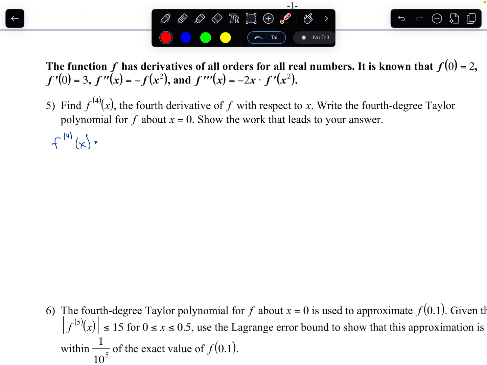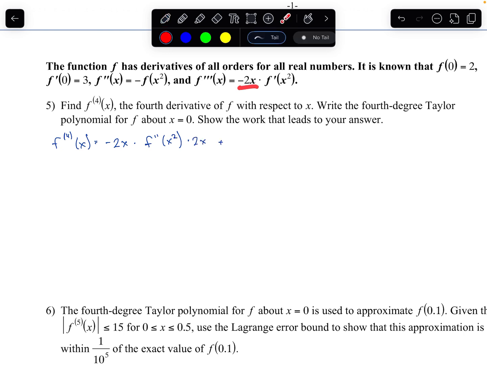So the product rule says we're going to do the first term. So this is going to be negative 2x times the derivative of this term. Well, that's going to be times the second derivative of f of x squared. Now I have to use a chain rule. So times the derivative of the inside, so times 2x.